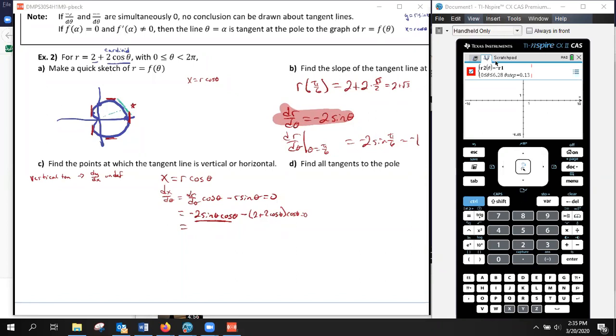Just trying to think of a faster way to simplify it. Hey, Mr. Beck, when you rewrote -r times sine θ, you put a cosine θ in the second one. It needs to be 2 plus 2 cosine θ times sine θ. Yes, so this would be the dr/dθ cosine θ, the next minus r sine θ. Oops, thank you. Okay. Many thanks.